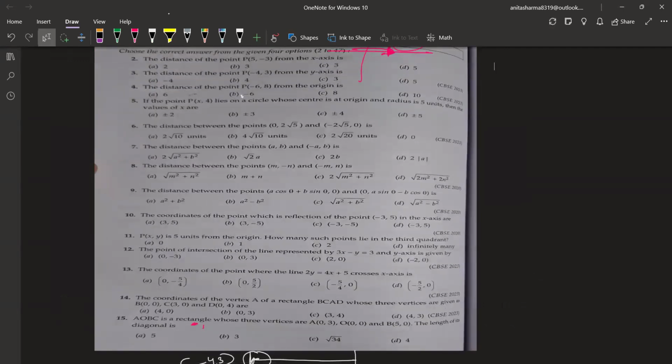Now fifth is: if the point P(x, 4) lies on a circle whose center is at the origin and radius is 5 units, then find the value of x. This type of question we already did.